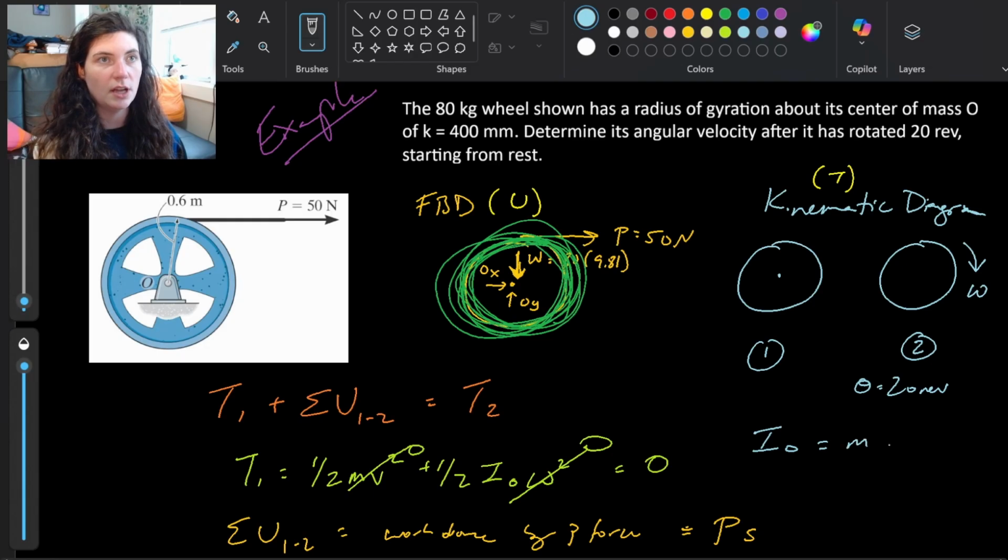So we can use IO is M K_O squared. The mass is 80 kilograms. The K value was 0.4 meters squared, which gives us an IO of 80 times 0.4 squared, which gives us 12.8 kilogram meters squared.